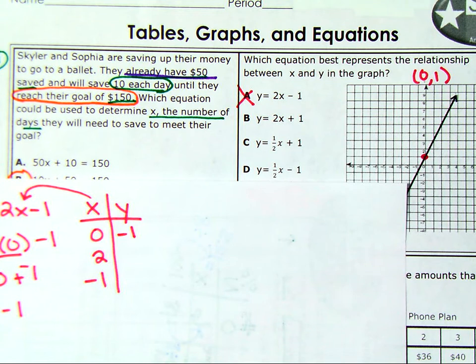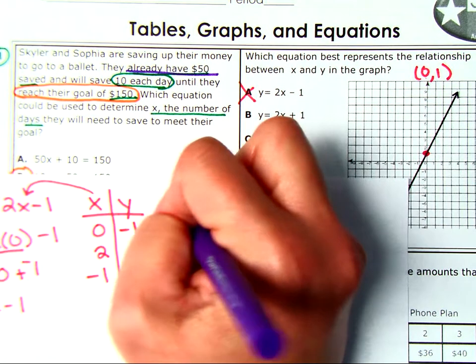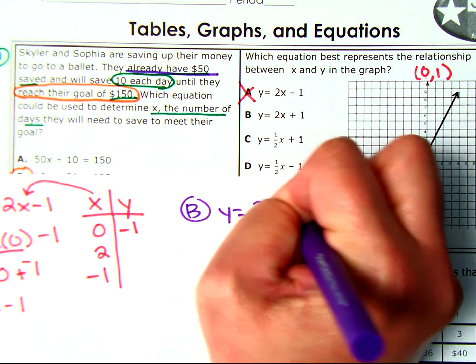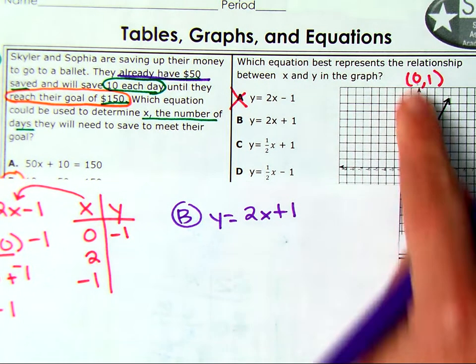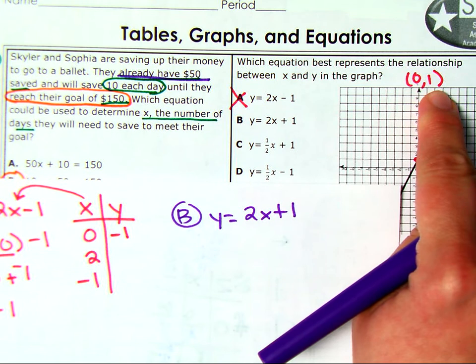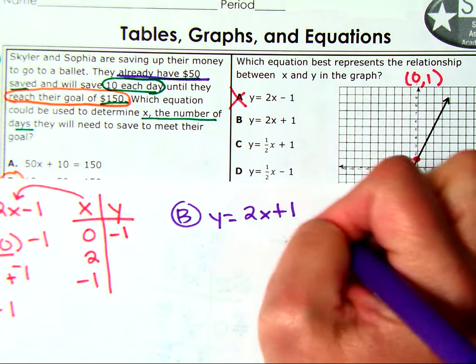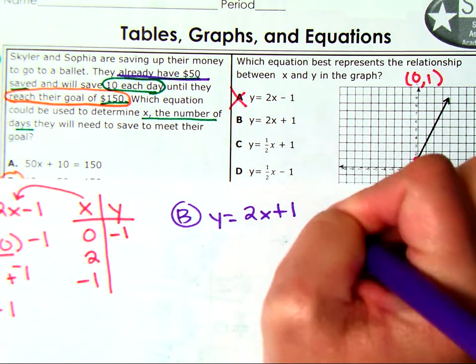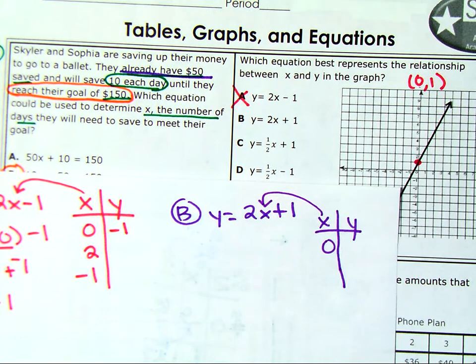Let's try answer choice B. All right, so answer choice B says y equals 2x plus 1. Well, stop and think about it. We already know when x is 0, y is 1, so let's see if that works. We take our x value and substitute right there.